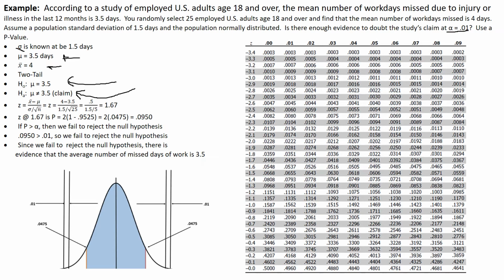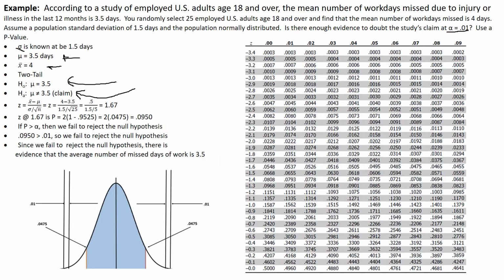Let's plug it into our formula. Sample mean, which we got 4, minus population mean, 3.5, is 0.5. My denominator, I got a deviation of 1.5 divided by the square root of 25, which is the 25 individuals sampled. So it's 0.5 divided by 1.5 over 5, which is 1.67.